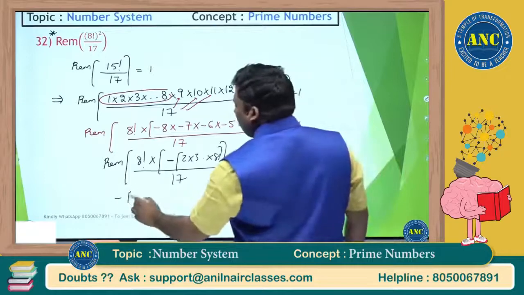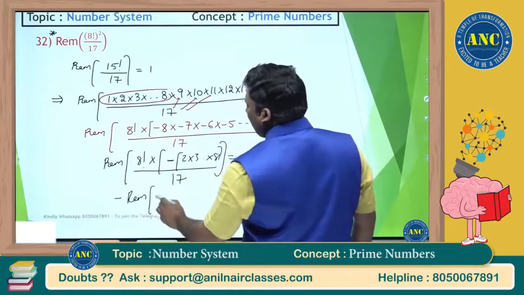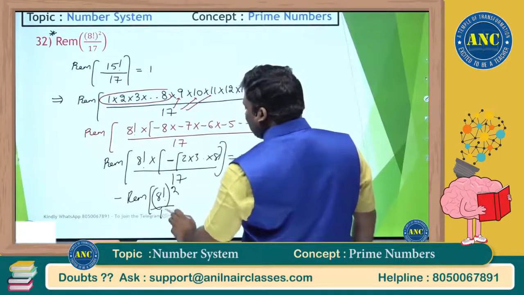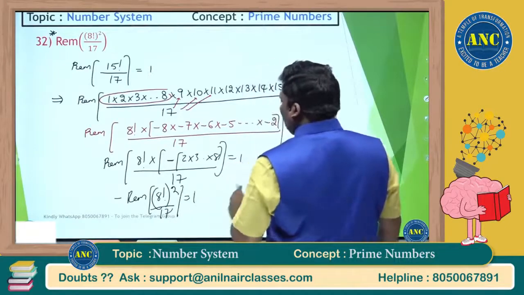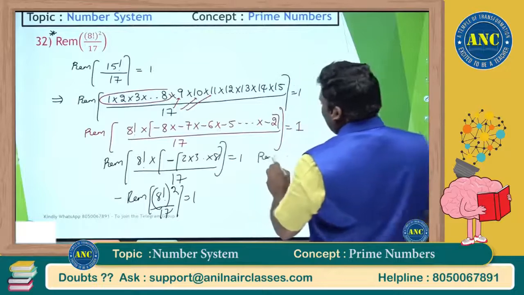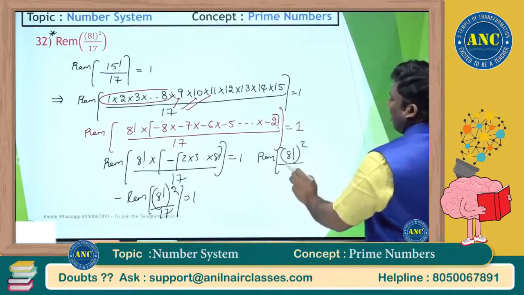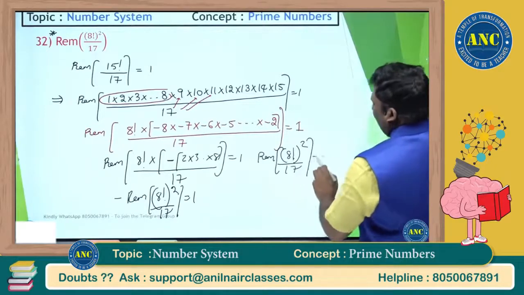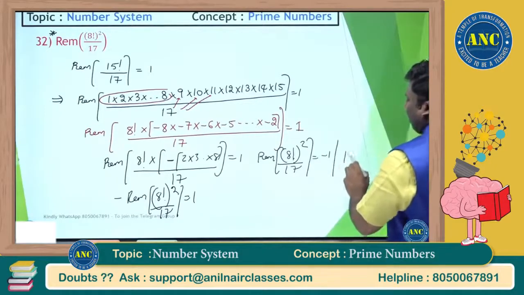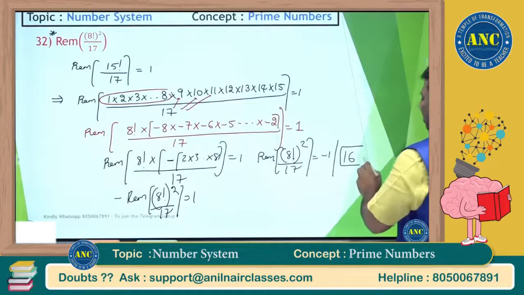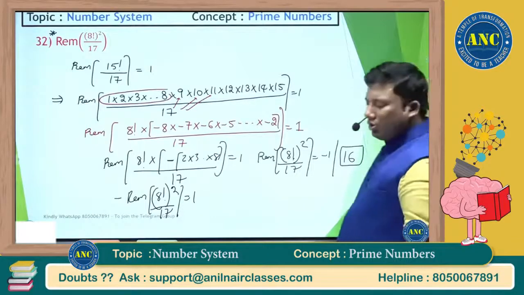Minus out, 2 into 3 into and so on up to 8 is 8 factorial, so 8 factorial whole square divided by 17 is minus 1 negative remainder, which is positive remainder 16. Very, very good question.